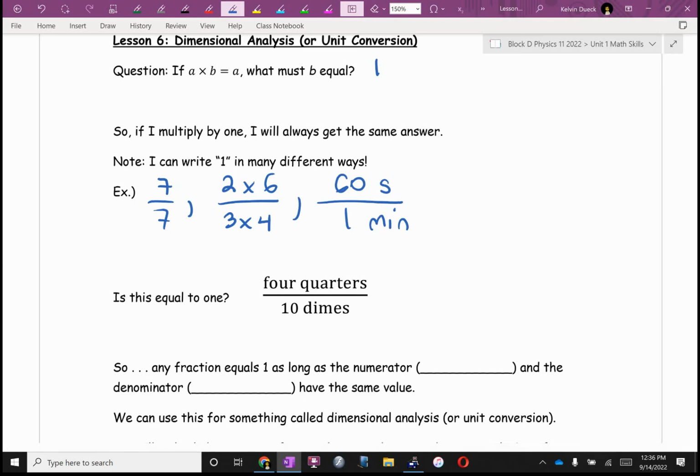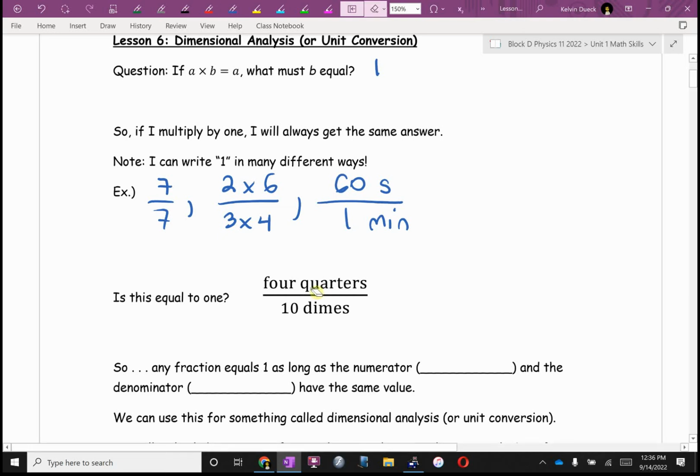That's a 1. And what that means is if I were to multiply a number by 60 seconds over 1 minute, even if the answer looked different, it still has the same value as we started. That's going to be our strategy. We're going to make our answers look different, but they're still going to be the same value that we started from.